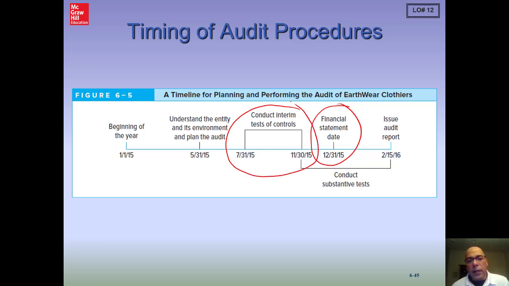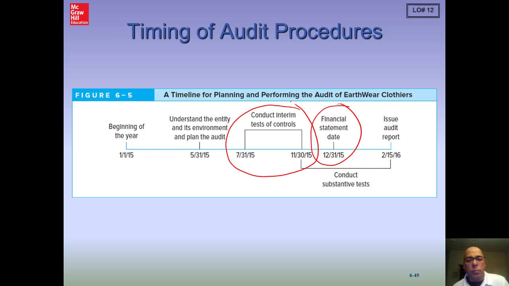If we assess the risk of material misstatement at less than the maximum, we would do the bulk of our testing during that time. If we had assessed the risk of material misstatement at maximum, the bulk of our testing would be at year end, although it doesn't preclude us from doing some interim testing.